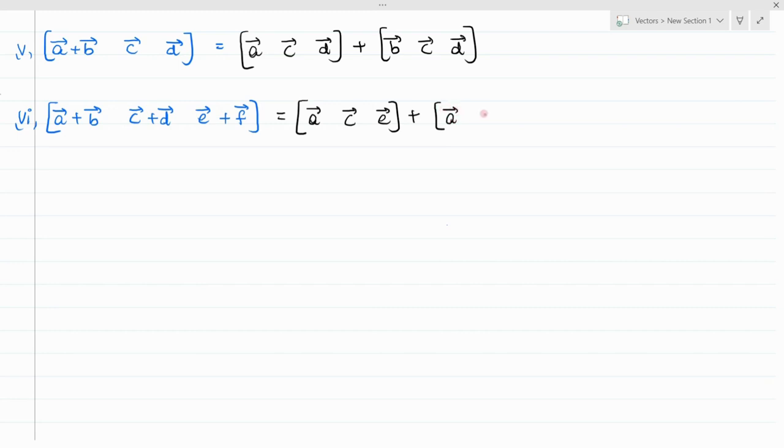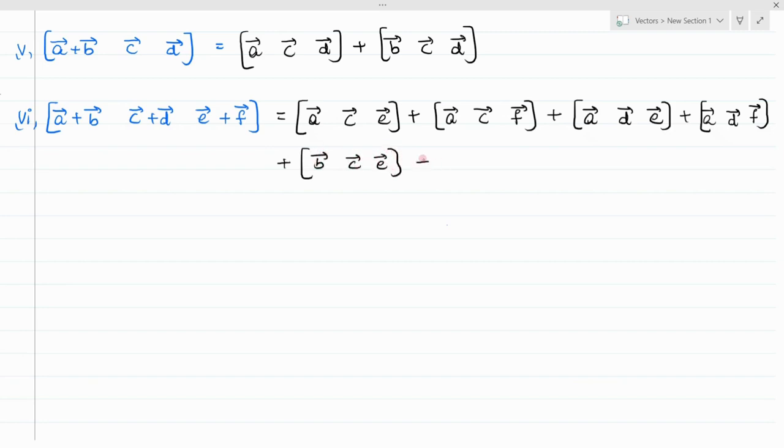Plus, just keep A and C as it is, and instead of E, write F. Now we have split the third row into E and F. Now split the second row like A, D, E. Again it becomes A, D, F. This is all about the first row, that is A. Now similarly write with B, that is B, C, E. Next it becomes B, C, F. Next B, D, E. Next B, D, F. So if you add all these box products, you'll get the original. It's just splitting the determinant across all the three rows.